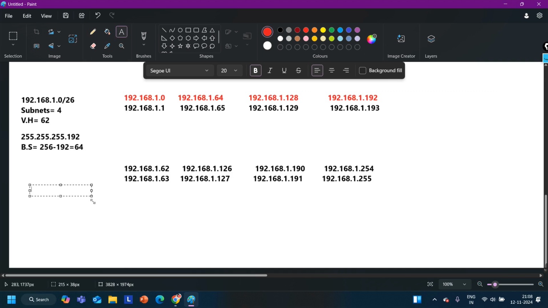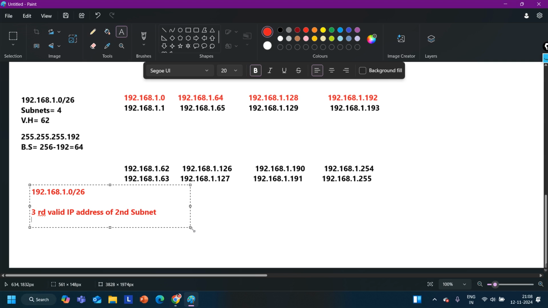They can ask you, this is the subnet 192.168.1.0/26. They can ask you the third valid IP address of the second subnet.